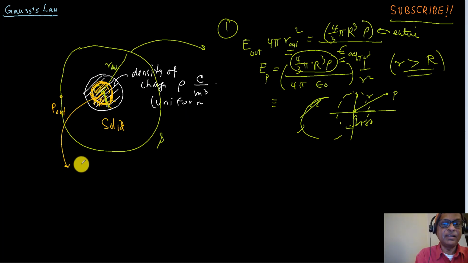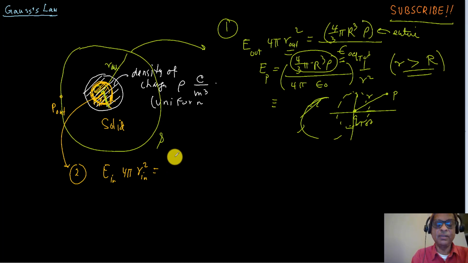So for the inside, E inside times 4 pi r inside squared is equal to 4/3 pi, not total R, but r inside cubed rho over epsilon naught.